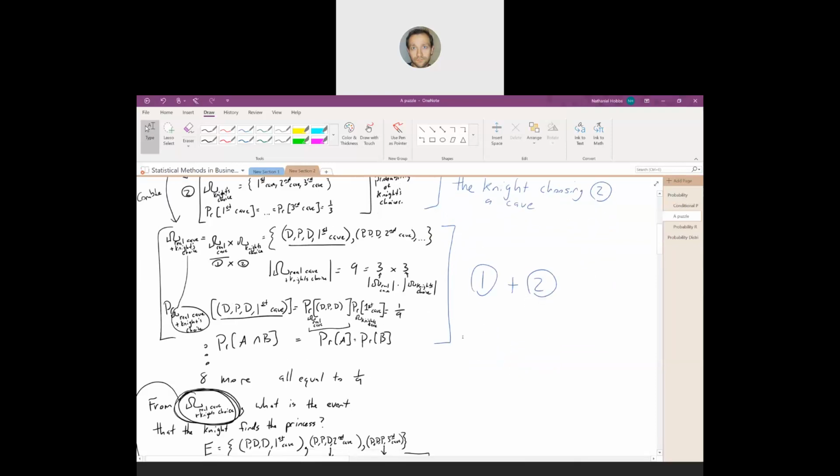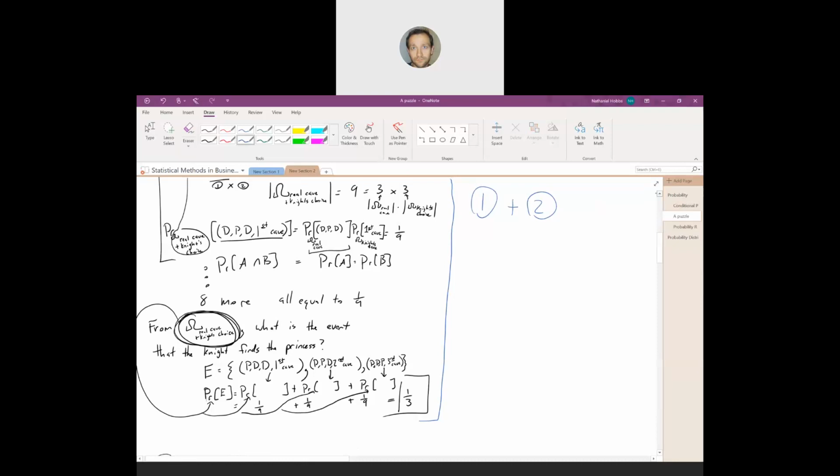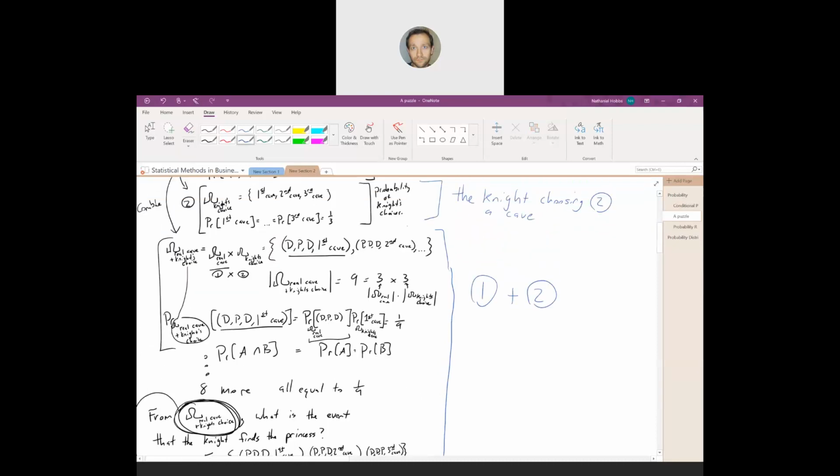to actually show that the probability is 1/3 formally using the math of probability, which isn't too bad.